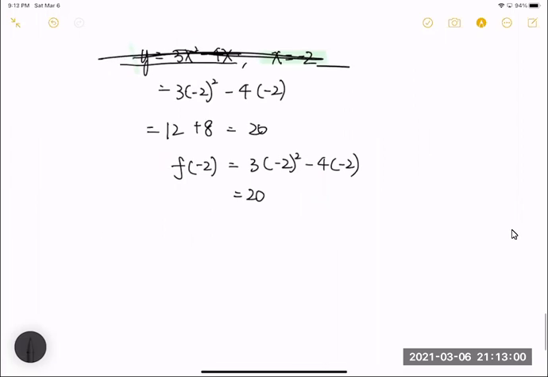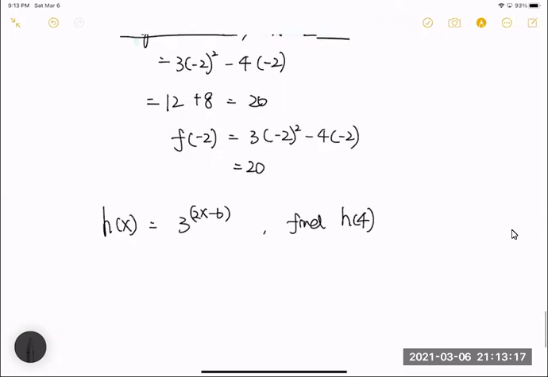Sometimes they use different notation. h of x equals 3 to the 2x minus 6 power. And they want you to find h of 4. Again, this also asks you when x equals 4, h equals what? So we have h of 4.